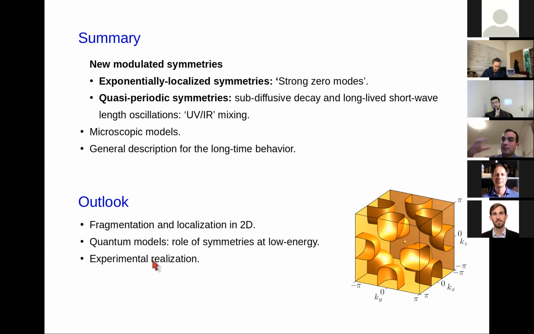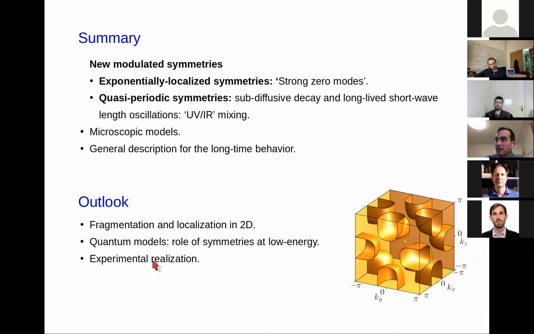It led to really rich sub-diffusive behavior with these short wavelength oscillations, which is kind of an analog of the UV-IR mixing that people are currently studying a lot for fractons and similar models. We provided some microscopic models to understand this behavior and some general description of the long-time dynamics.